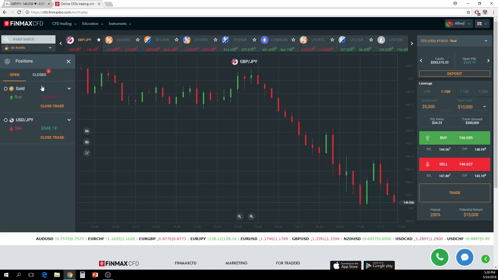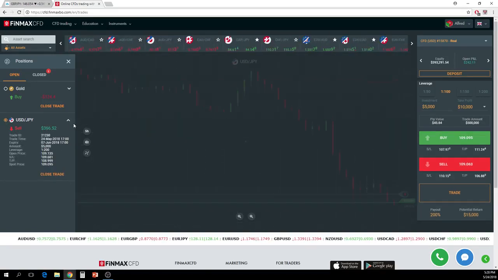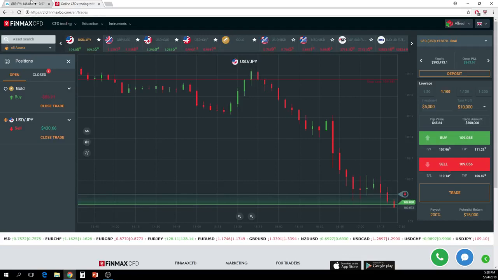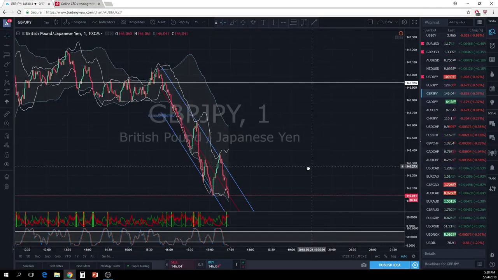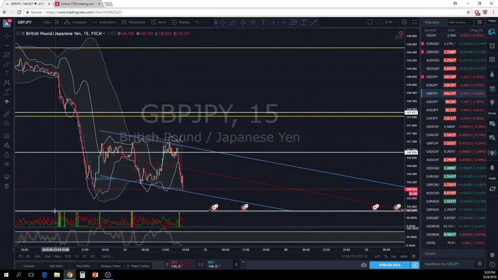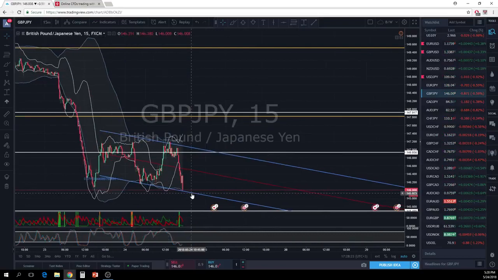And let's take a look at USD JPY right now. It looks like it's still decreasing. We could have kept GBP JPY in this case, I think, but I'd rather have it closed, and you can see right here the double bottom. This is where it corrected yesterday.